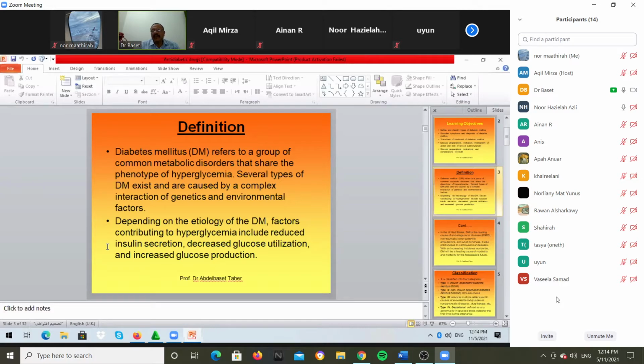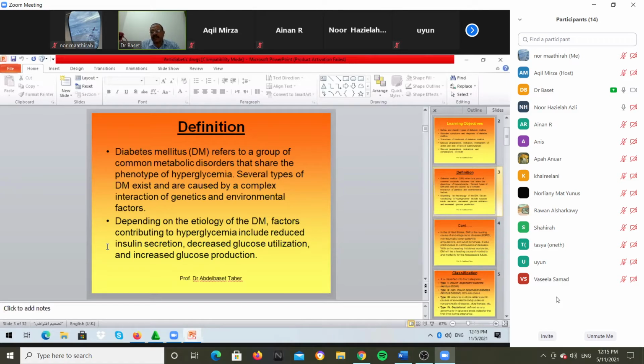So many metabolic disorders may be present. This is a simple presentation of factors which may be contributing to the hyperglycemia.